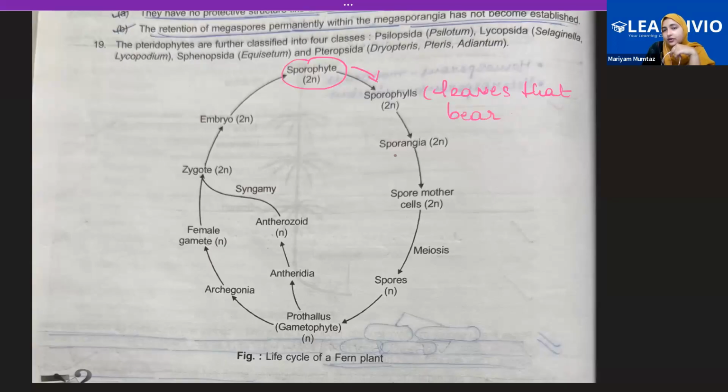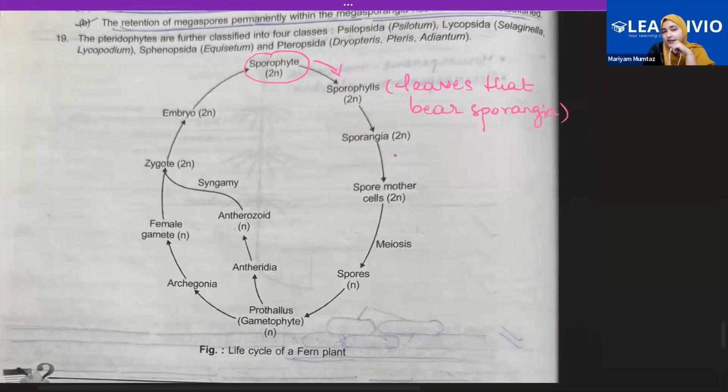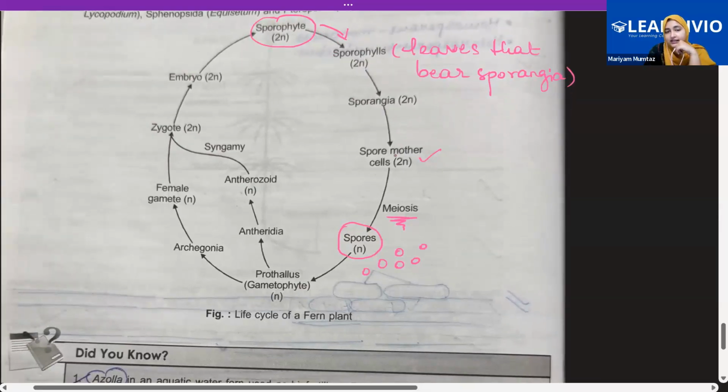So these are the sporophylls given rise by the sporophyte. Now the sporangia is present on them. The sporangia has spore mother cells, which will undergo meiosis to give rise to the haploid spores. Now these haploid spores, when they germinate, will give rise to the prothallus.